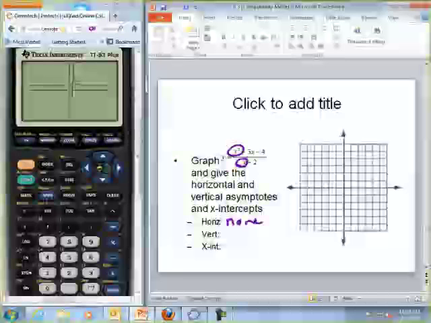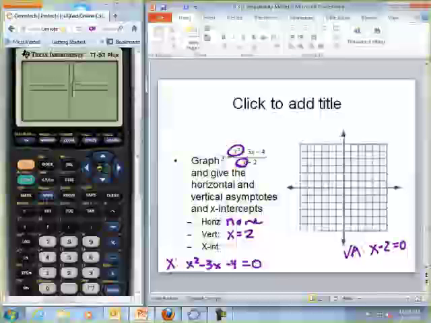For our vertical, we set the denominator equal to 0, which gives us 2. And for our x-intercepts, we set the top equal to 0.